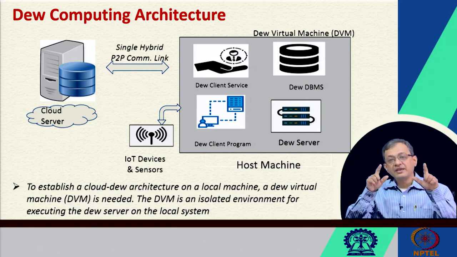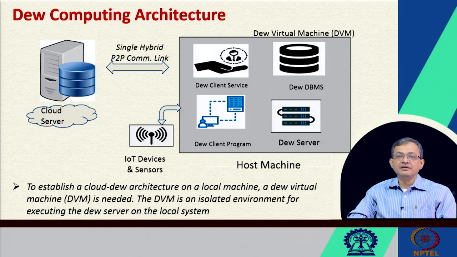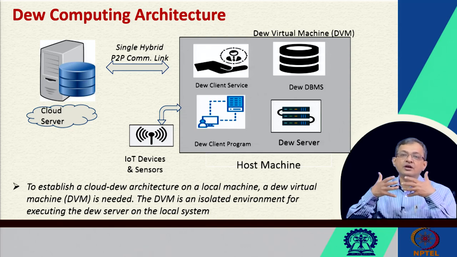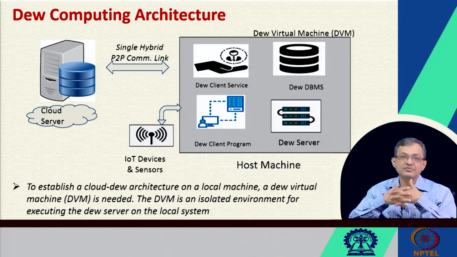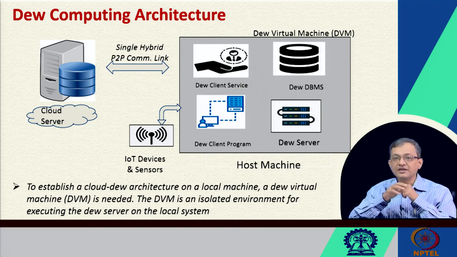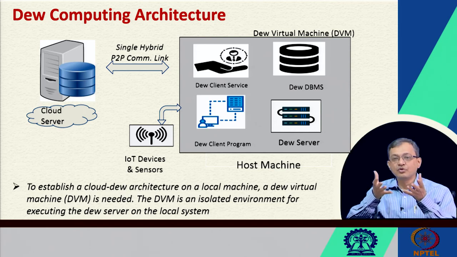And you have a Dew framework in your host system, often referred to as Dew virtual machine or DVM, right. In some of the literature you will find the Dew virtual machine, which must have a Dew server, which is the core of the thing.